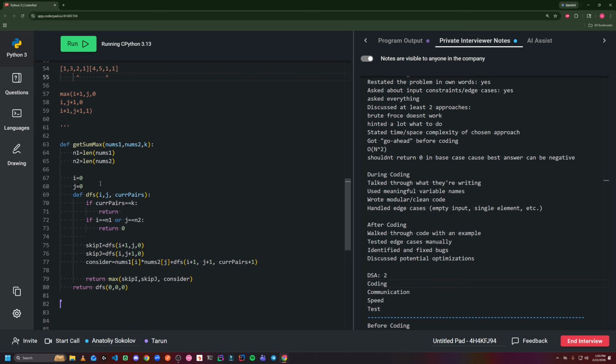So what would be the time complexity of the solution? You're saying we can do memoization for this approach, because I think we are recomputing again and again.